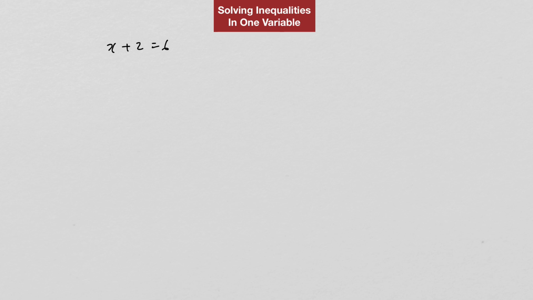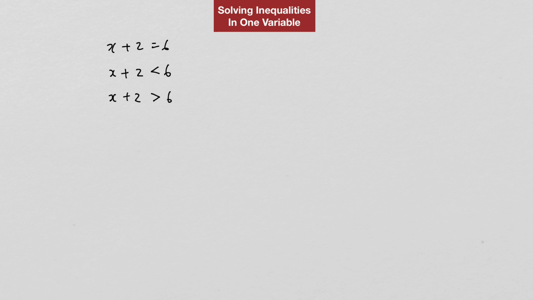What that would look like is this: x plus 2 is less than 6. This symbol here, a less than, is an inequality. You can also have another type of inequality, which is x plus 2 is greater than 6.